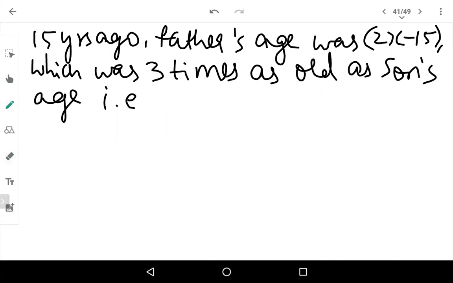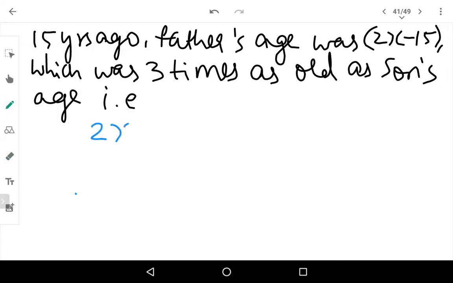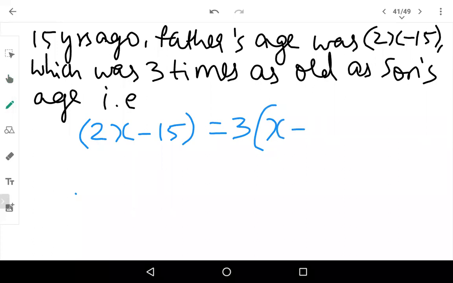Now 15 years ago, what was the father's age? 2x minus 15, correct? 2x minus 15. And what he is now saying is 3 times as old as his son.